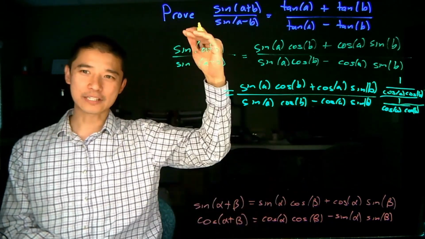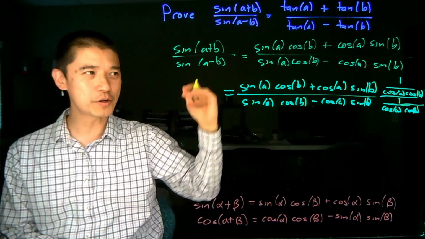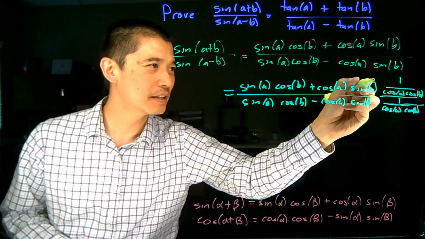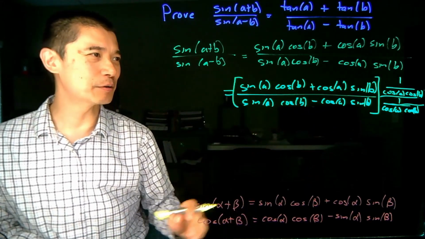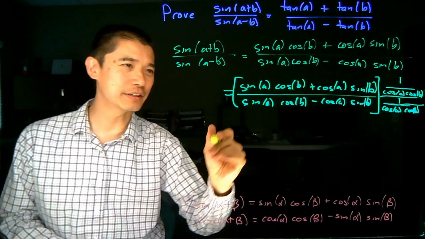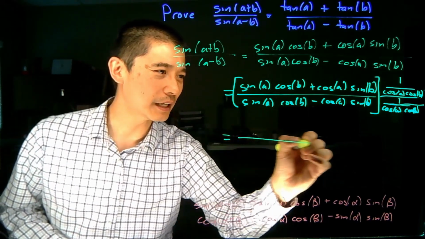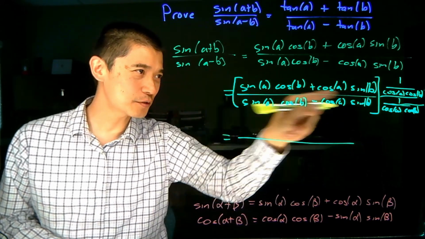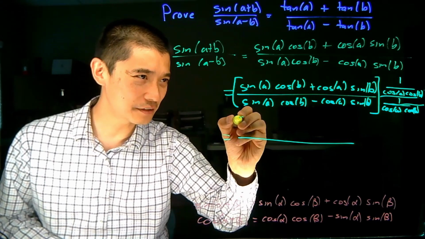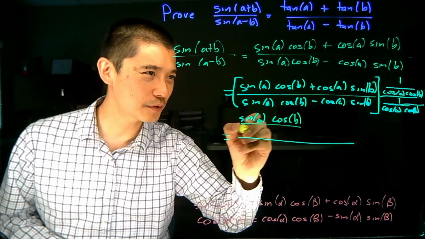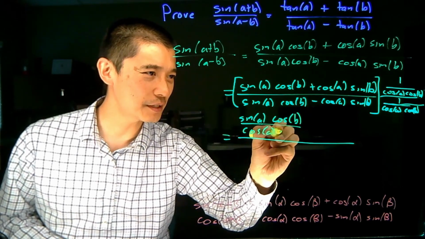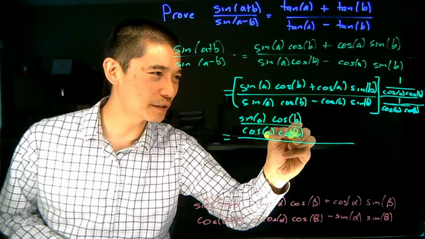So we multiplied the top and the bottom by 1 over cosine A cosine B. Now, really important here, we're going to have to use the distributive property, multiplying this by the entire numerator. So what do we get? Well, I'm just going to write it out. Sine A cos B over cos A cos B, and similarly for the rest.